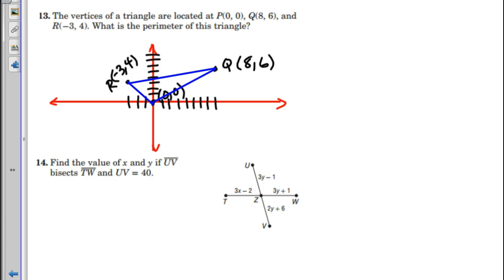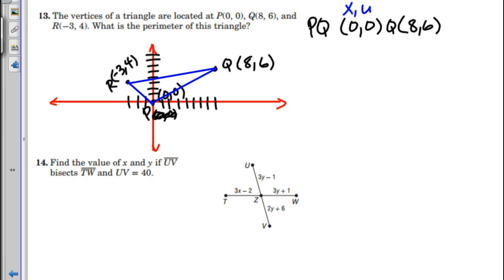Yes? Yes. So we can use distance formula on that. Oops. I don't want to write that there. I just wanted to write a P. All right, so let's do PQ. You can also draw some little triangles with those guys if you want to. I'm just going to bust this out. So x1, y1, x2, y2.